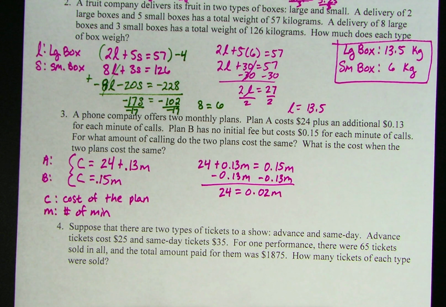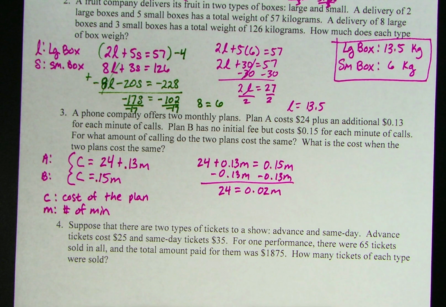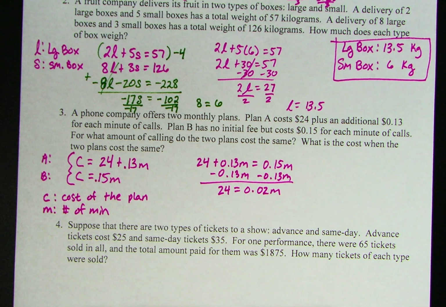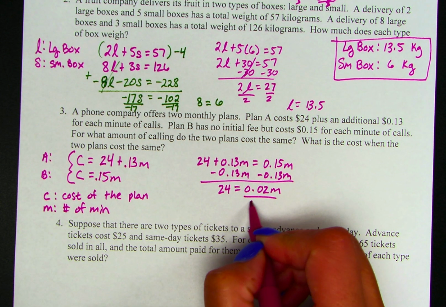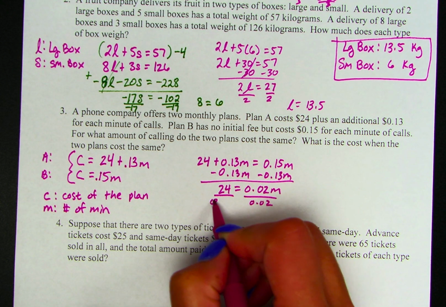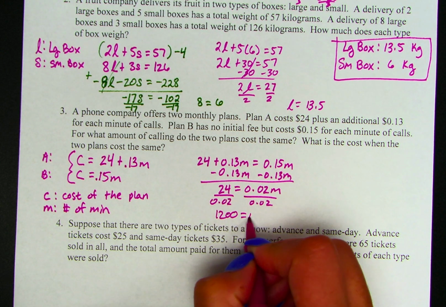And then that means that we have to divide. Let's see, so 24 divided by 0.02, and I am using a calculator to help me. So that is going to be 1200 equals m.